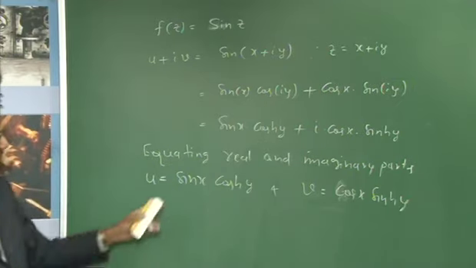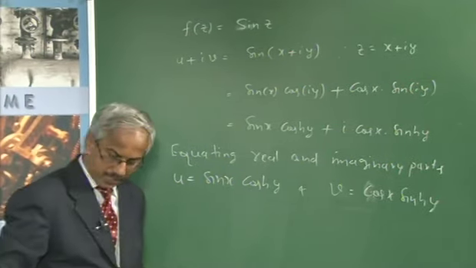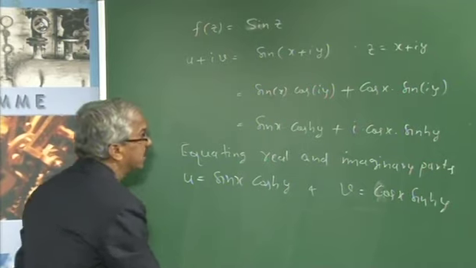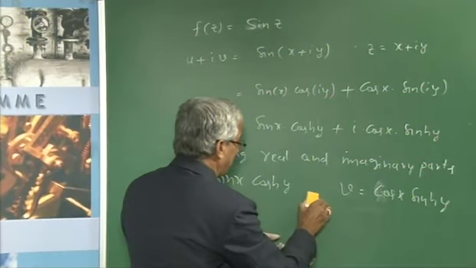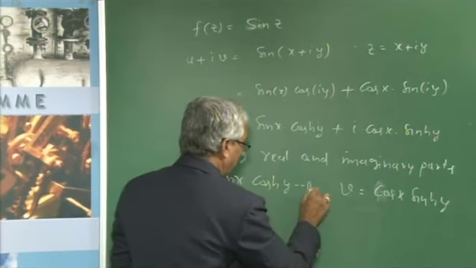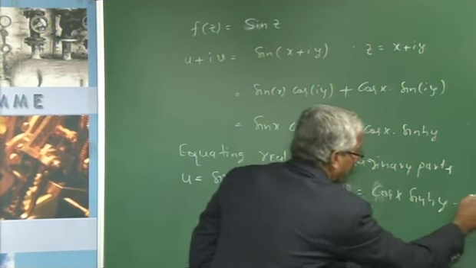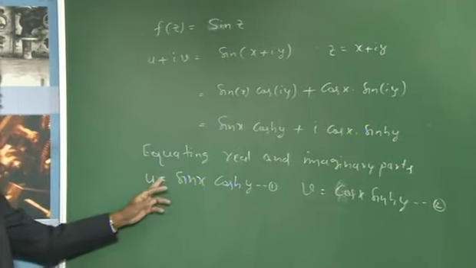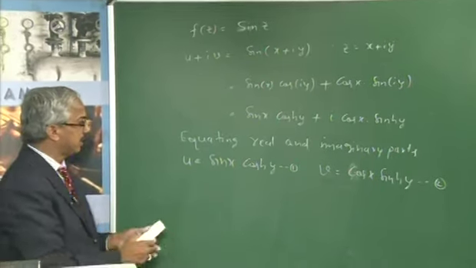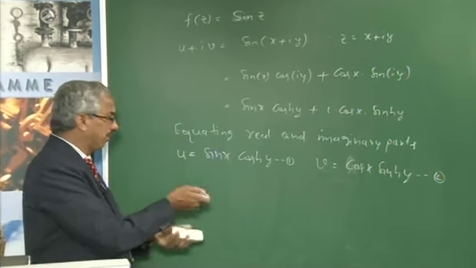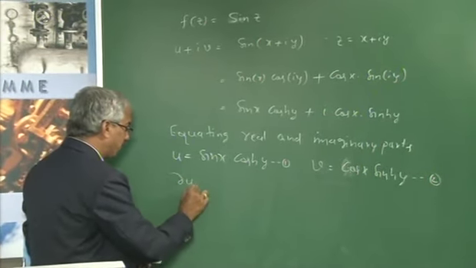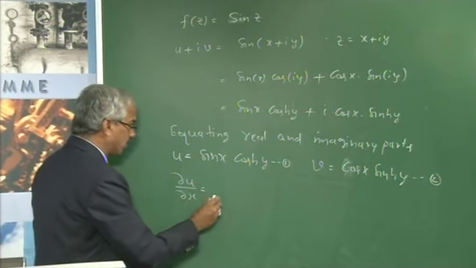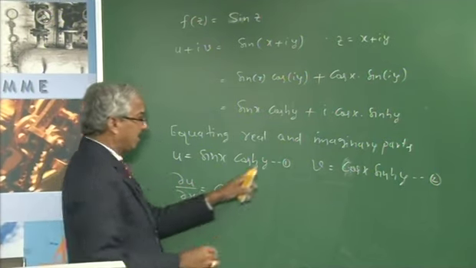Now the real part is this one and the imaginary part is that; call them 1 and 2. To check the CR equations, differentiate with respect to x and y. The derivative of u with respect to x is cos x cosh y, since y is constant.